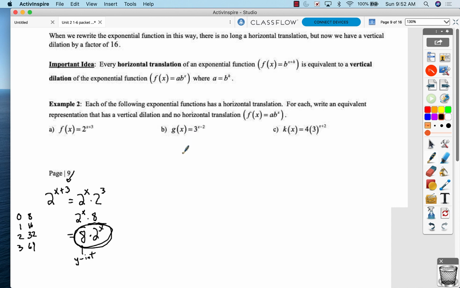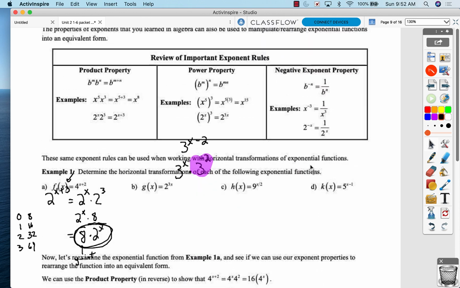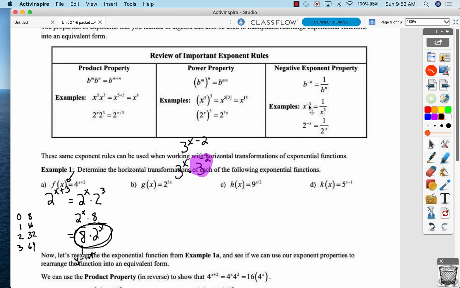This one might be a little tricky. So this is 3 to the x minus 2. This is a horizontal translation of plus 2. Now we're going to manipulate it. That's going to be 3 to the x times 3 to the, not plus 2, but the minus 2. So to simplify this part, you want to use this property up here. If you have a negative in a power, it comes to the bottom and becomes a positive.